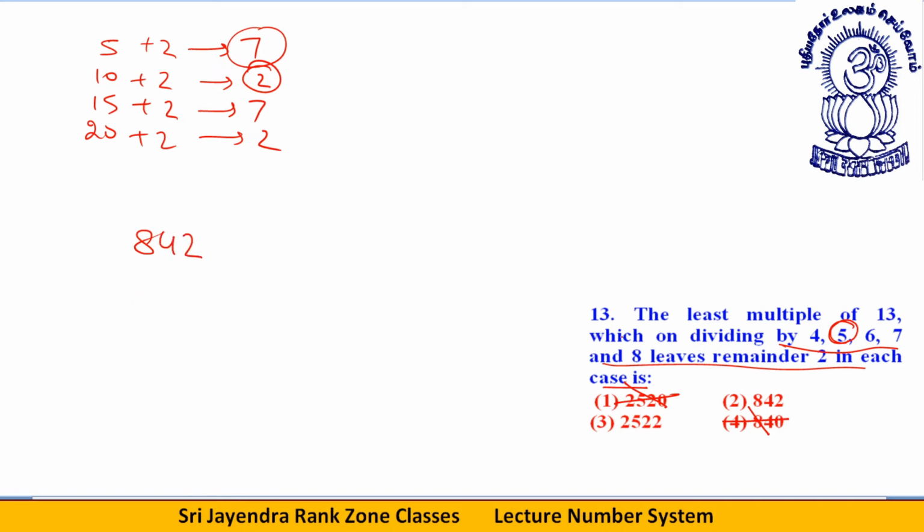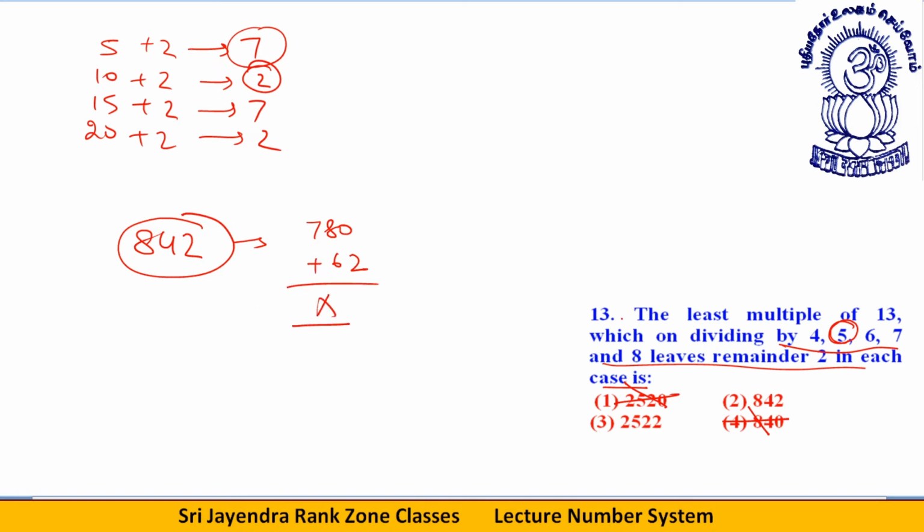Either we can solve it or we can just check it. The least multiple of 13, which on dividing by 4, 6, 7, 8 leaves remainder 2. Is this number divisible by 13? Just check this, 842. If I write down 780, 78 is divisible by 13. 780 plus 62 is 842. This is not divisible by 13.